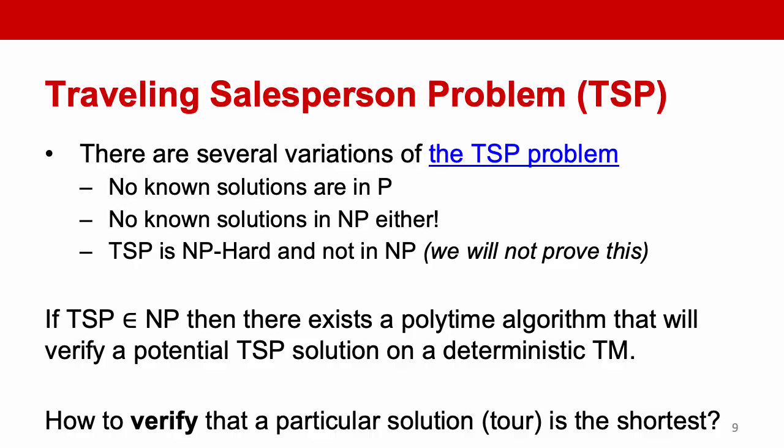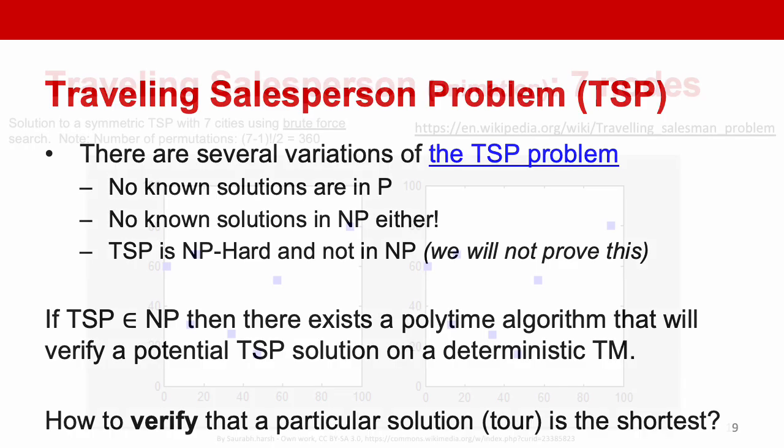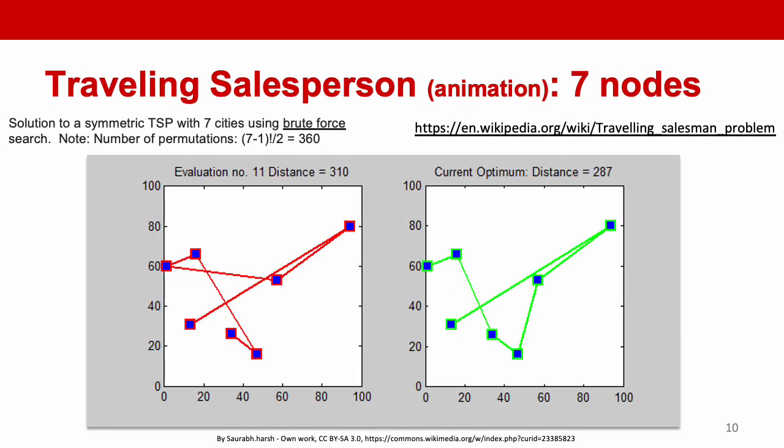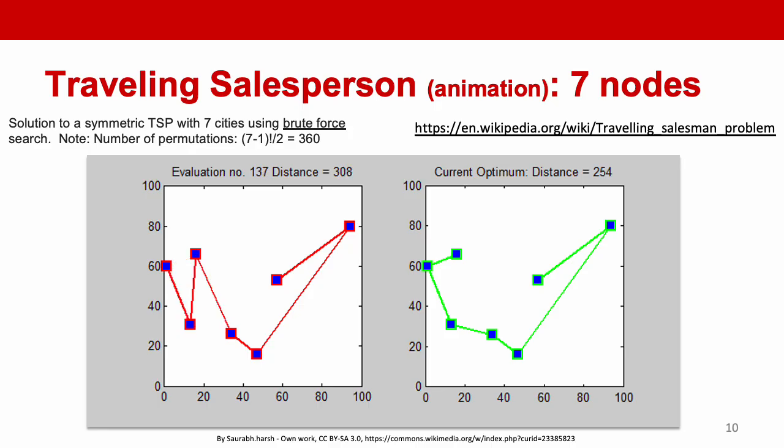So this is a different kind of problem entirely that's harder than the one that we've talked about before. And the reason for this is if you are just told this is the shortest tour, you have no choice but to check literally all of the other tours to make sure they aren't shorter.